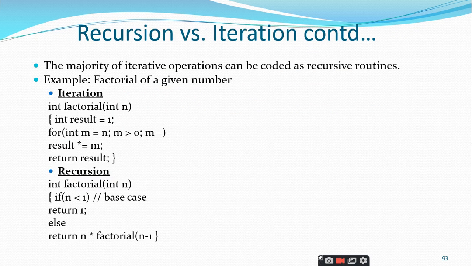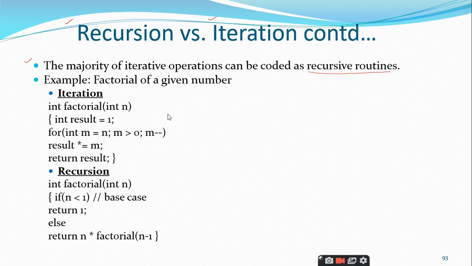And this is a simple example of comparison between the recursion and iteration. As I told, the majority of the iterative operations can be coded as recursive routines. You can convert an iterative solution into a recursive solution, and you can convert a recursive solution into an iterative solution. Nothing wrong in it, right?